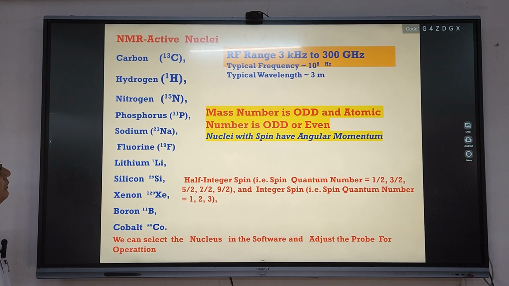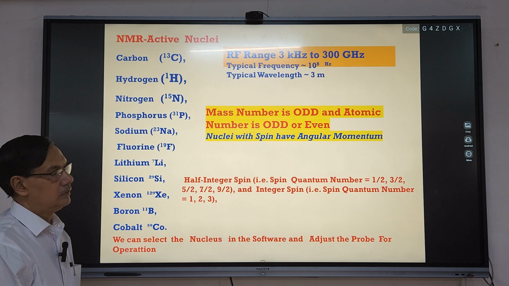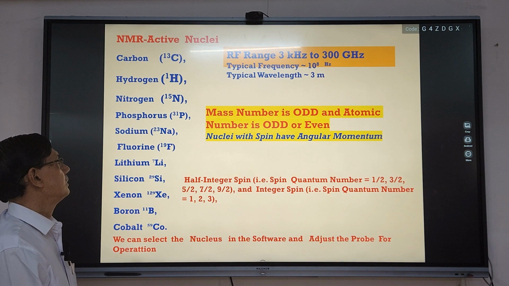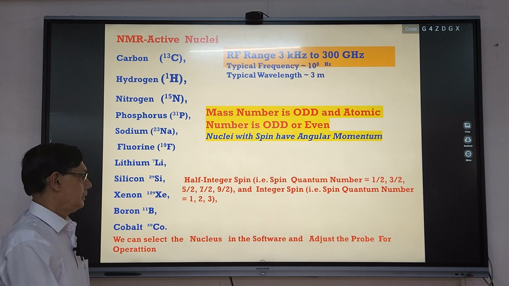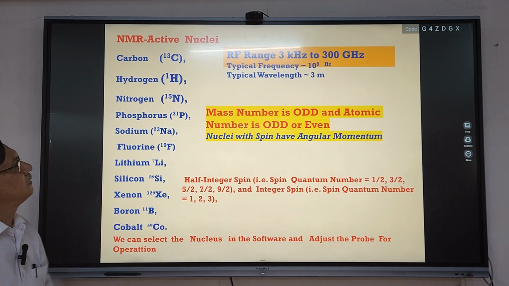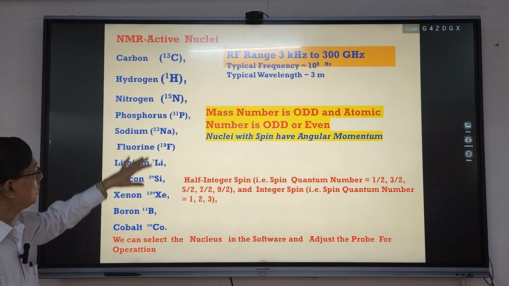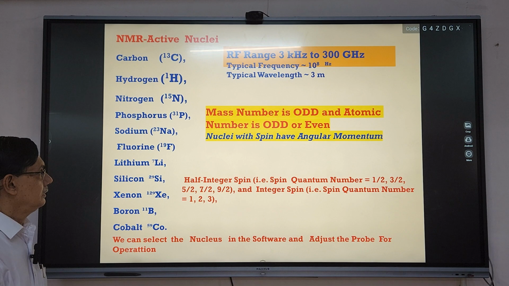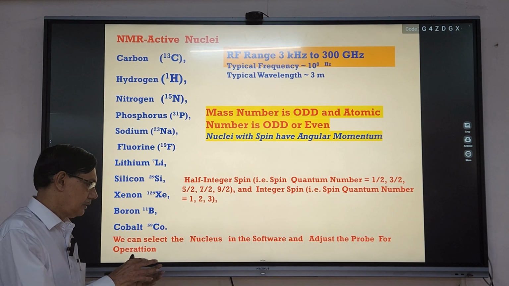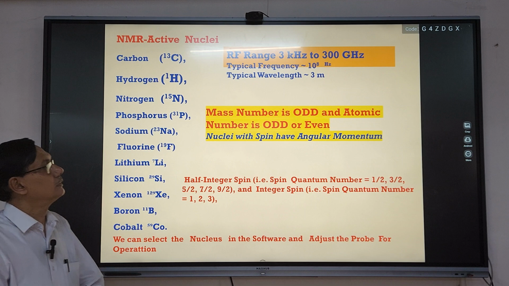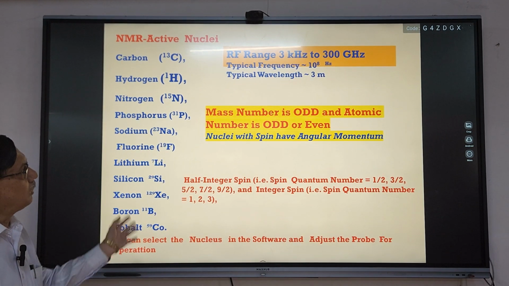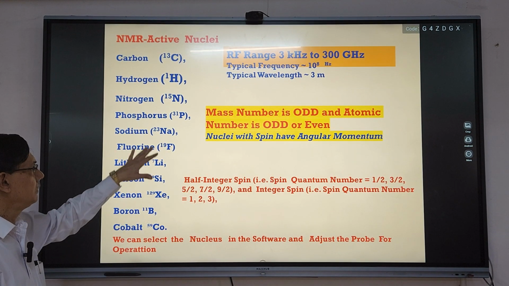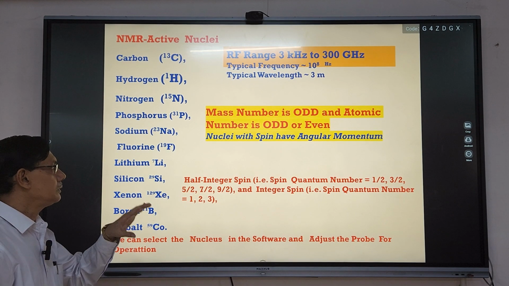If you see why such nuclei are NMR active, there is a certain condition: if you see all those nuclei, the mass number is odd, that means the number of protons and neutrons is odd, and the atomic number is odd or even. That type of nuclei shows some spin.